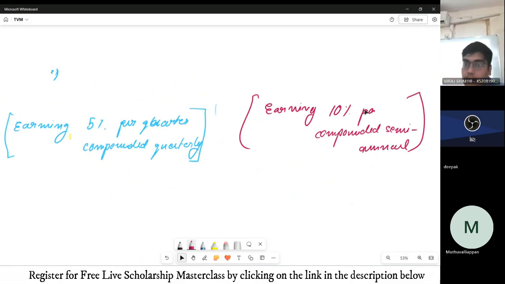If it is per annum compounded annually, then effective and stated are the same. Other than that, they will never mention per.